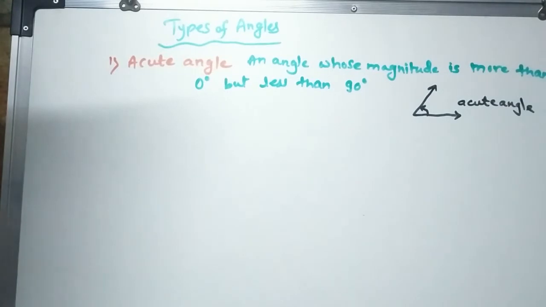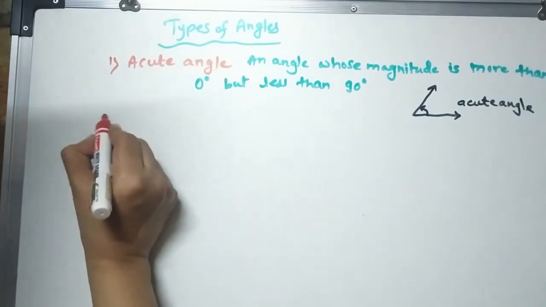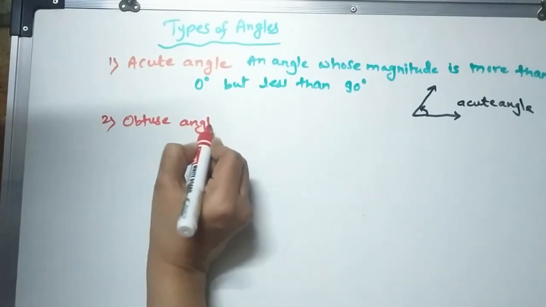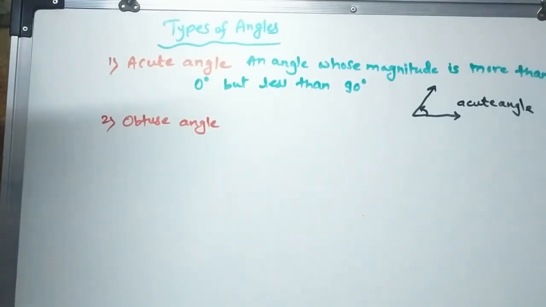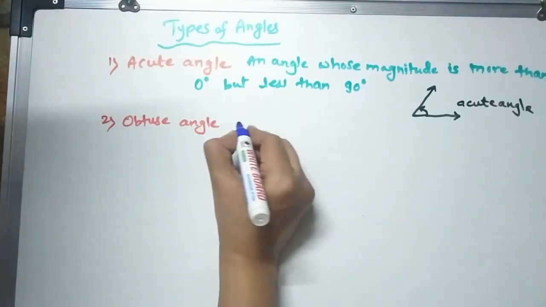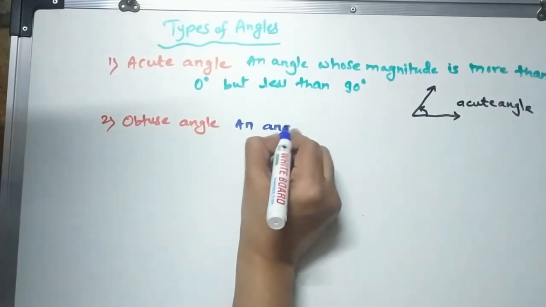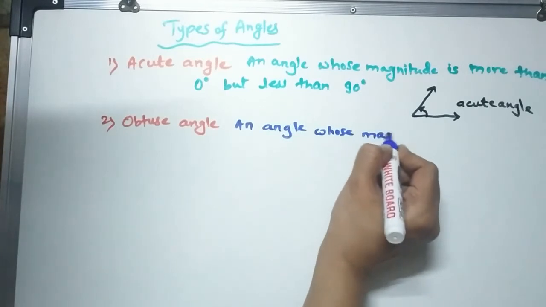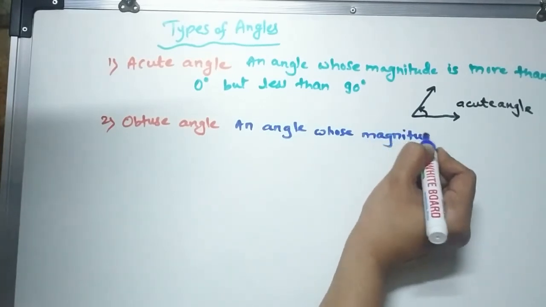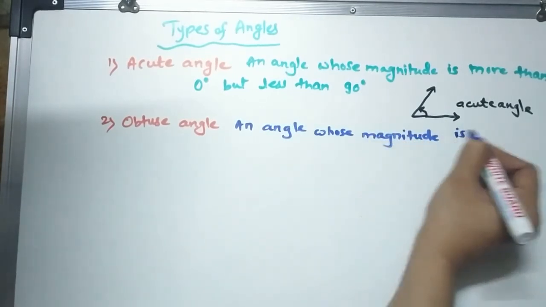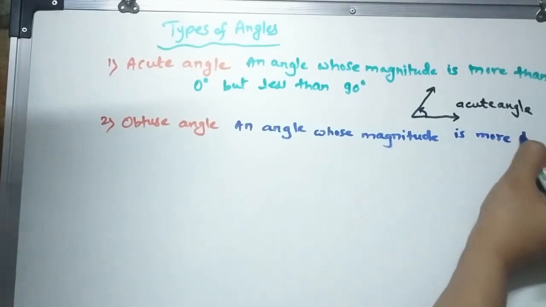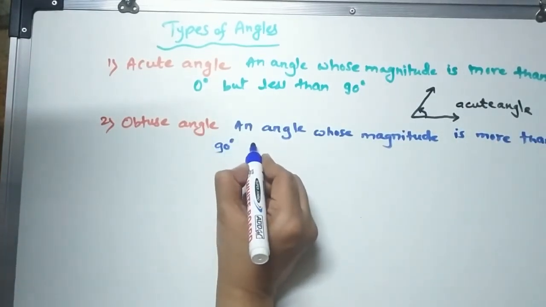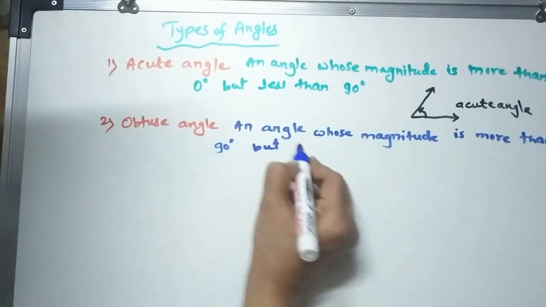So now next we have the obtuse angle. So friends, an obtuse angle is an angle whose magnitude is more than 90 degree but less than 180 degree.